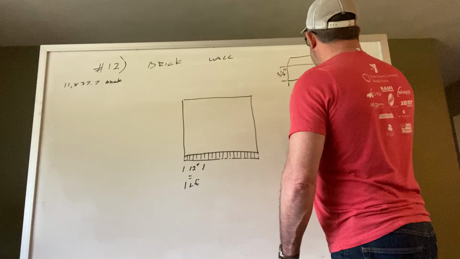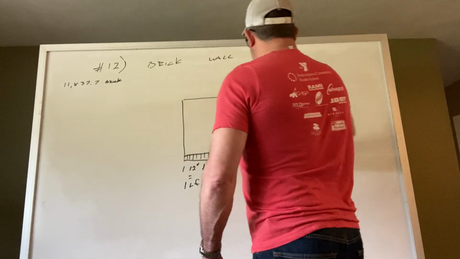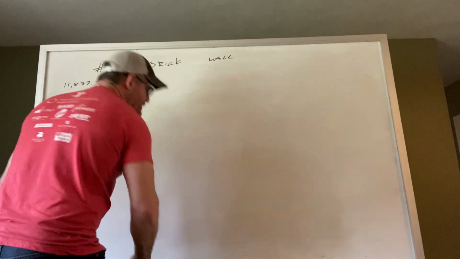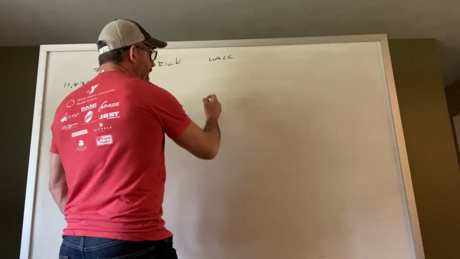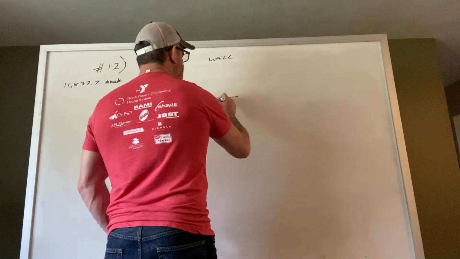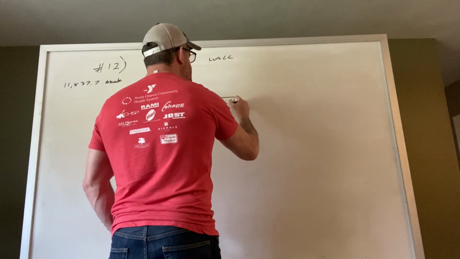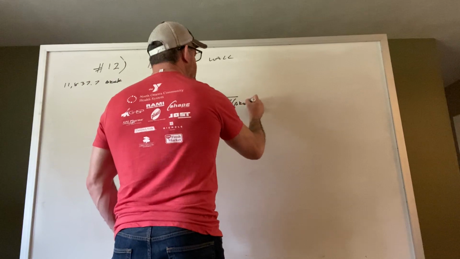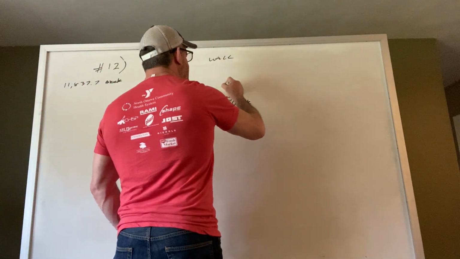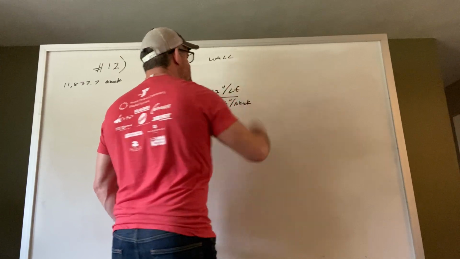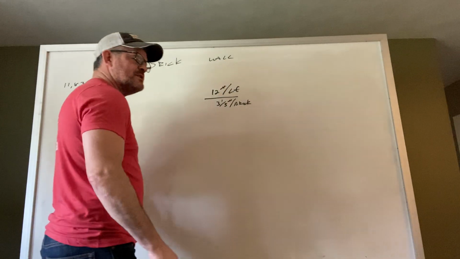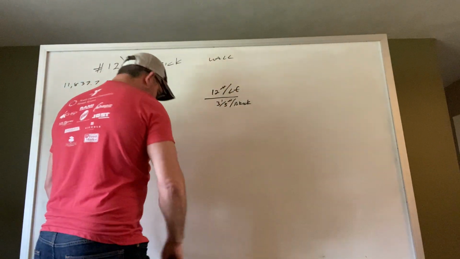And that's how we're going to do it. And I'm going to add that number to my total. So first thing I'm going to do is determine how many brick I have per lineal foot. Again, I know I've got 3 1/5 inches per brick. I want to know how many brick I have per lineal foot, so I divide it into 12 inches per lineal foot, knowing that my inches are going to cancel. We've got to do a conversion there.